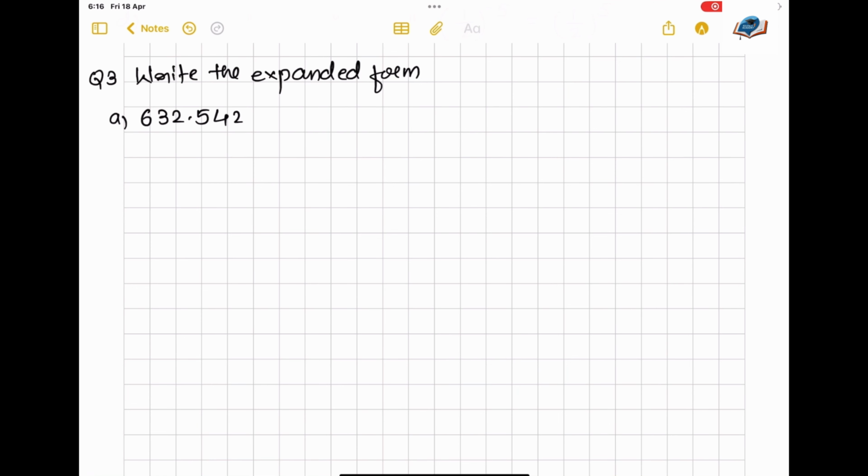So let us solve that directly. 6 into 100 plus 3 into 10 plus 2 into 1, or 10 raised to 0, both I can write, plus 5 into 1 upon 10 plus 4 into 1 upon 100 plus 2 into 1 upon 1000.